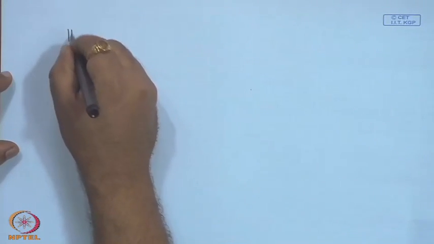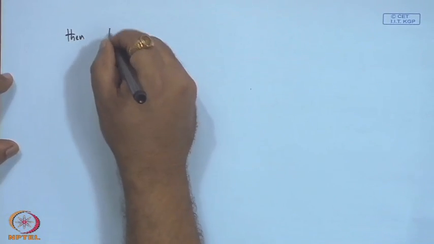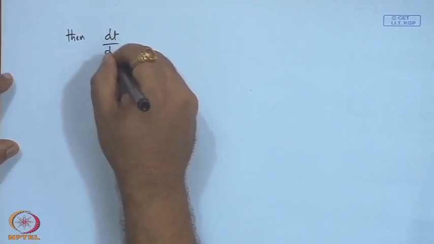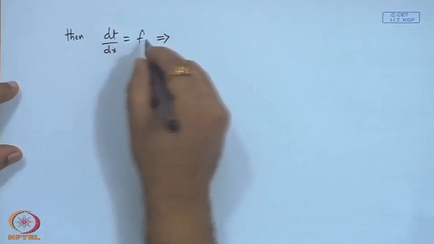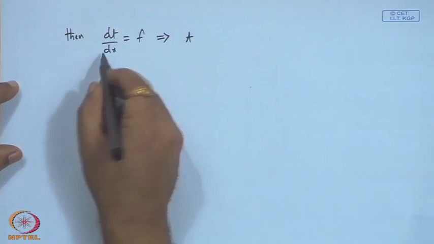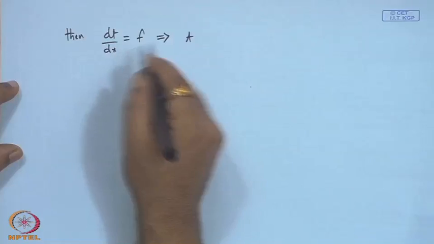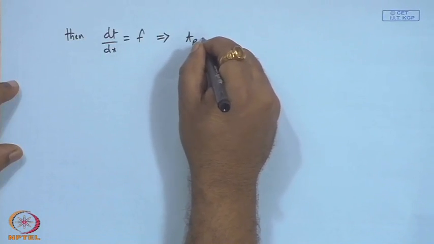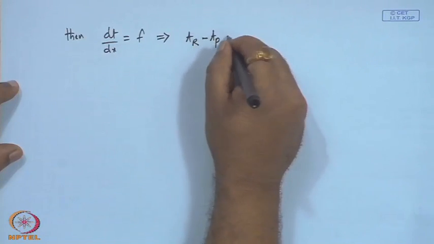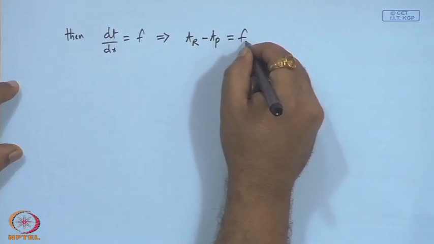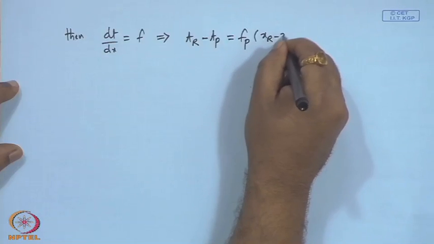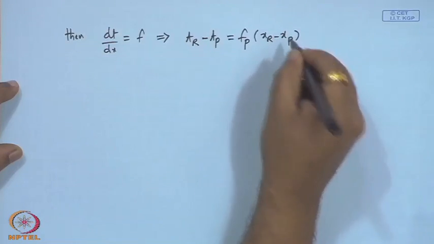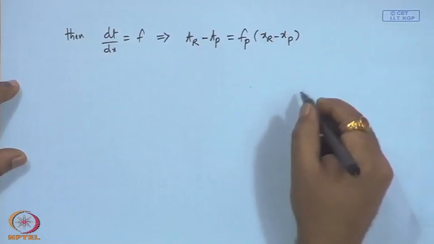If we do that, then what would happen? dt by dx equals to f. So, this is the interpolation, because on the characteristic curve this is true on f characteristic. So, T r minus T p equals F p times x r minus x p. This p means capital P point.